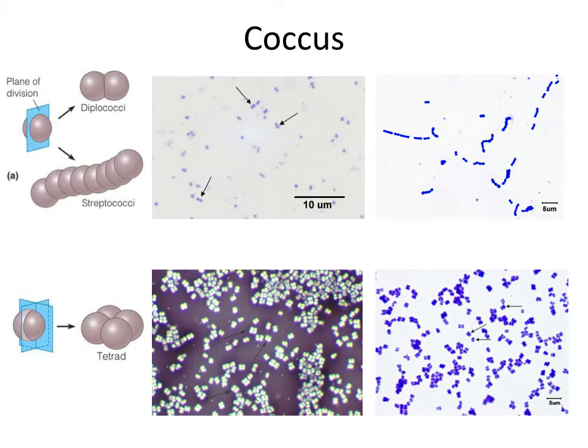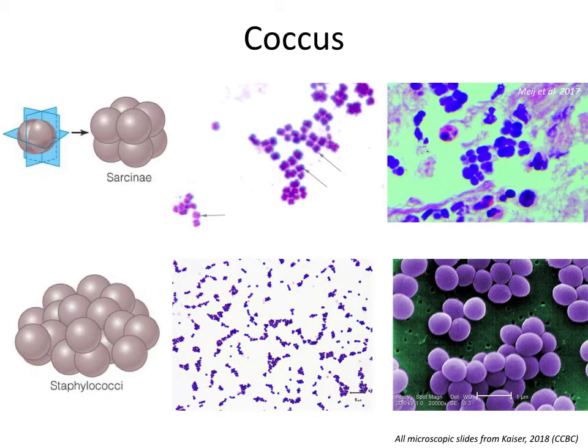Again, these two images both show a bacterial cell in a tetrad arrangement under a microscope. When a bacterial cell of Coccus form is divided into 3 planes, this produces a Sarcina arrangement. A Sarcina is cocci arranged in cubes of 8, as you can see in the top left and the top right photos in this slide.